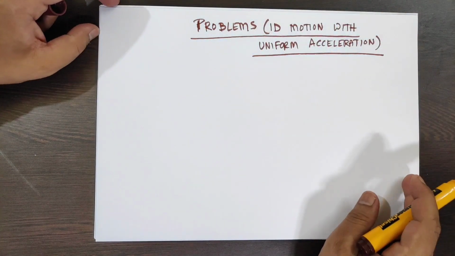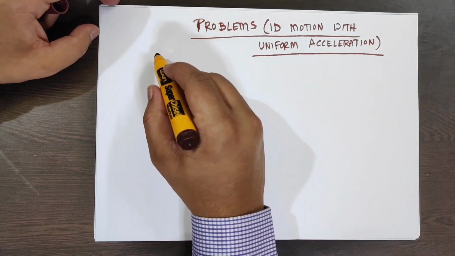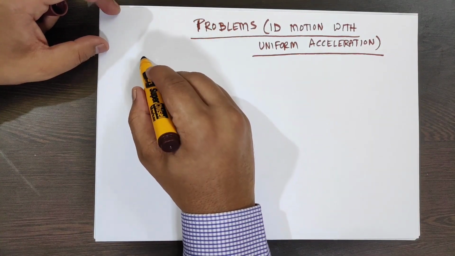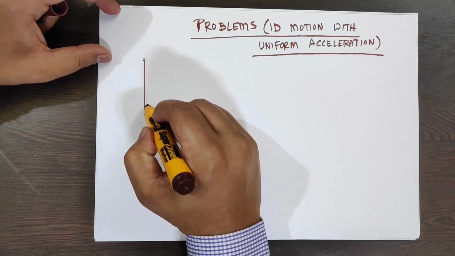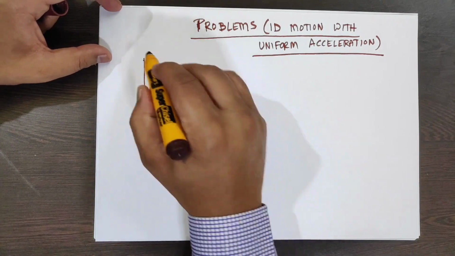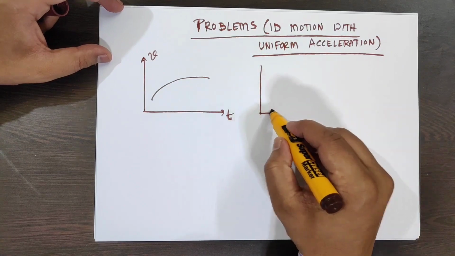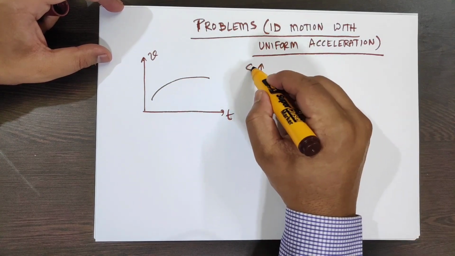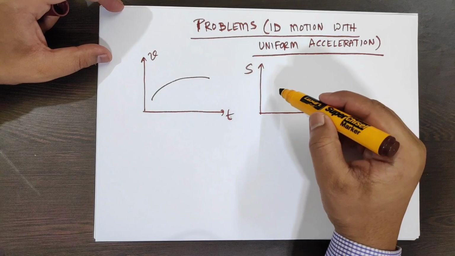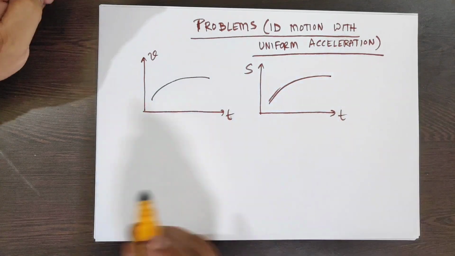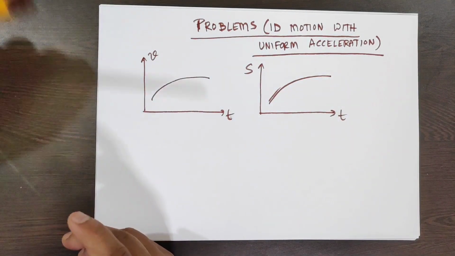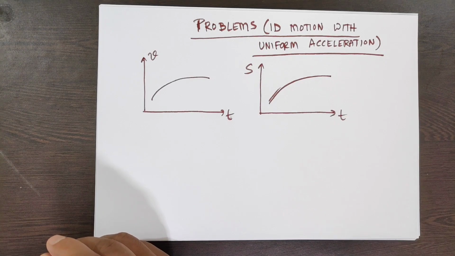And also one more thing you have to note, about the VT curve. If you have a VT curve like this, and a displacement time graph like this, the tangent to the VT curve at a point will give you what?